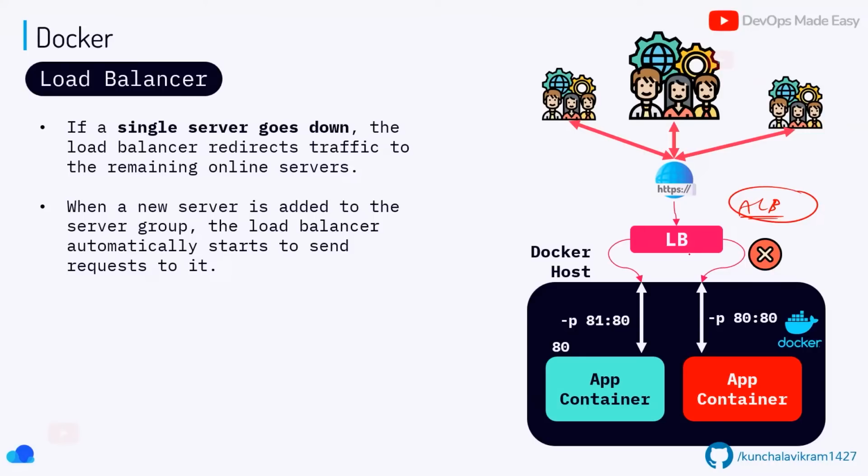Since LB cannot reach directly to the container, I used port mapping. On the host level, one is running on 80 and the other on 81. So LB tries to reach the host port. For this, it need not be concerned about the networks in which the containers are running, because the containers are already port mapped onto the host. So you directly reach the host.